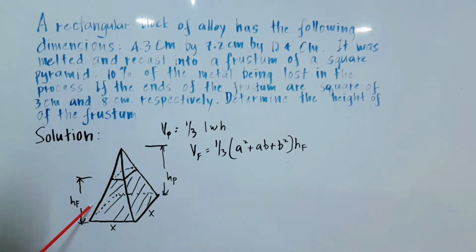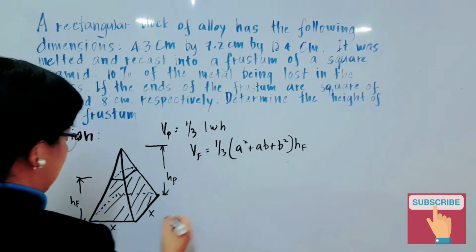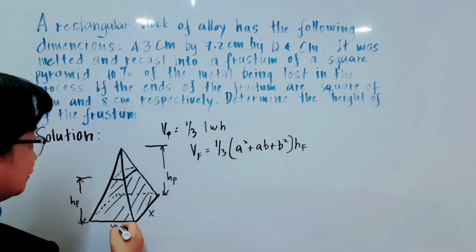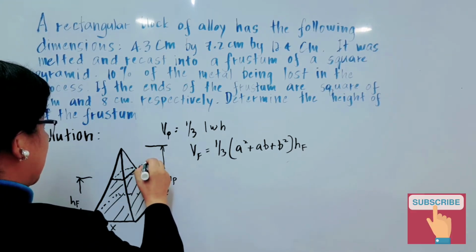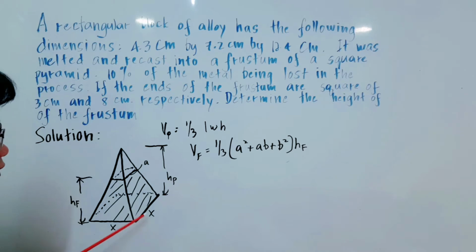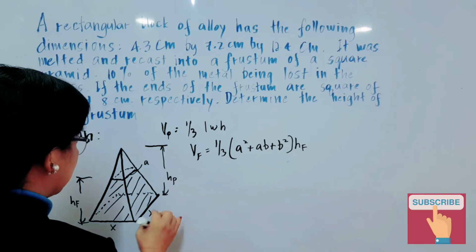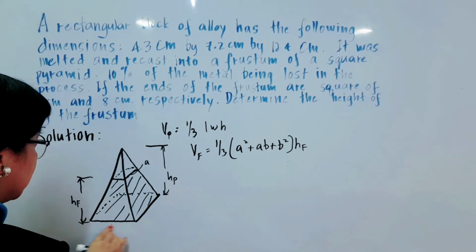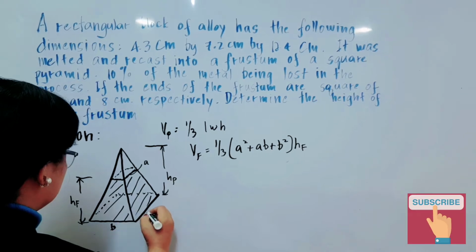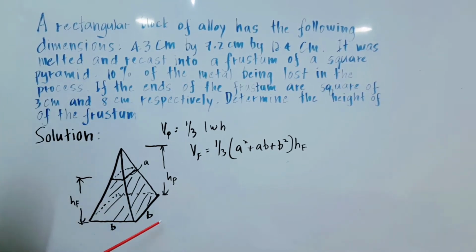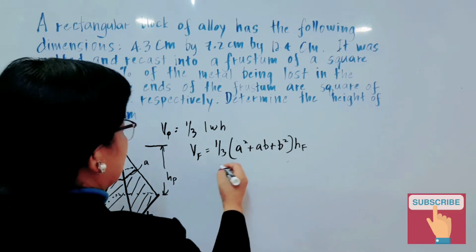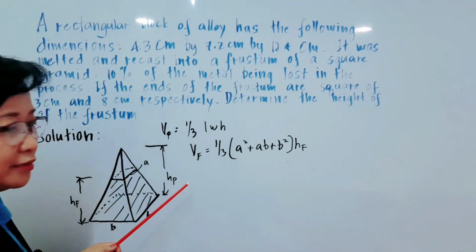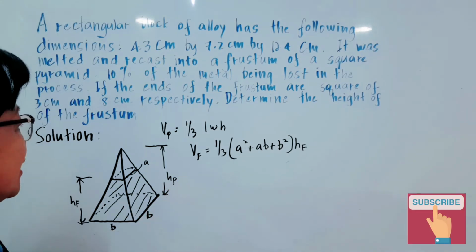What is A? We designate the upper base as A, and the lower base as B, the same as this one, because as I said earlier, it is a square. So this is the formula for the volume of a frustum of a square pyramid.